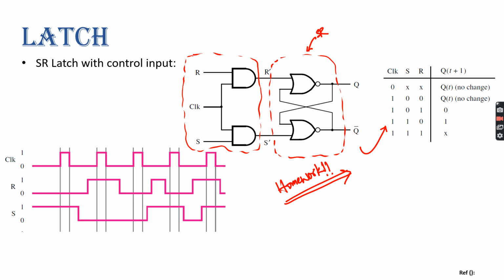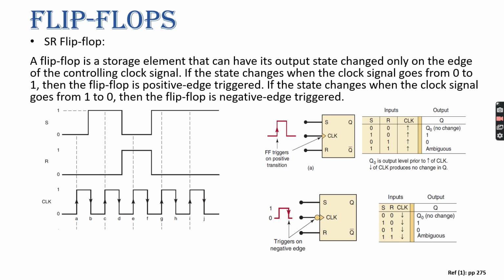Okay. So now let us go to the flip-flop section. So what is flip-flop and what is the basic difference between the latch device and flip-flop? For the latch device, you can control it using some enable signal.